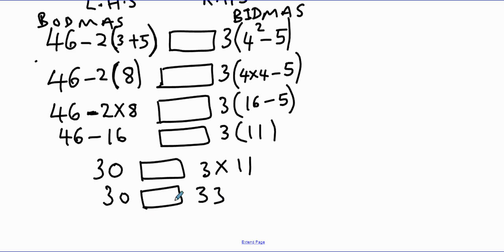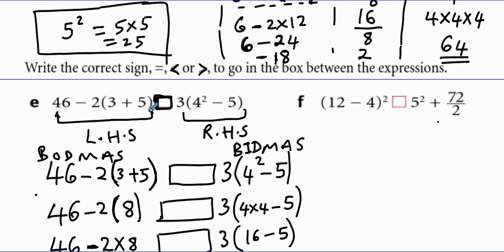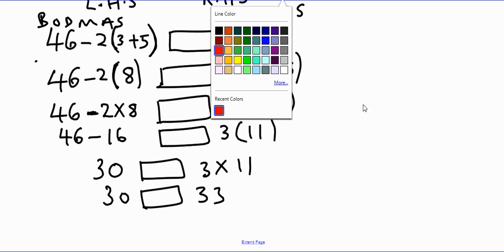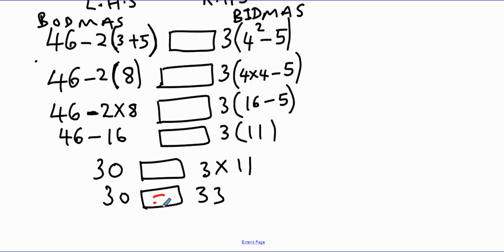Now, we are supposed to put either is equal to, or less than, or greater than. Will you say that 30 equals 33? The answer is no. Now, will you say that 30 is greater than 33?